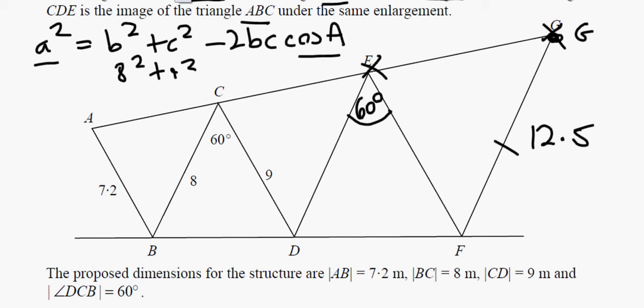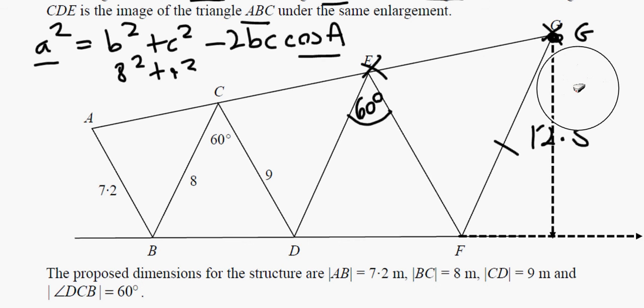If we drop the line down here, this is the horizontal line continuing across, and G goes directly down. That cannot be bigger than 11.6. So I had to figure out what this height of this diagram is.